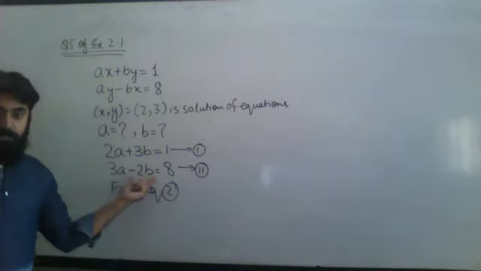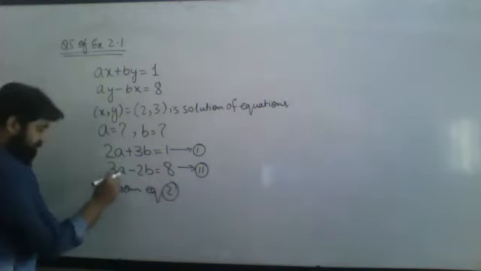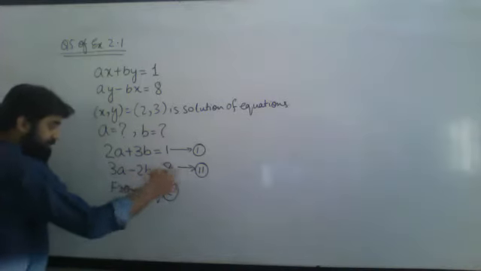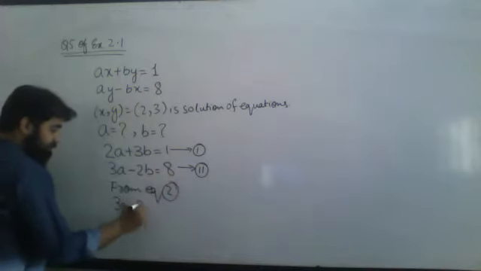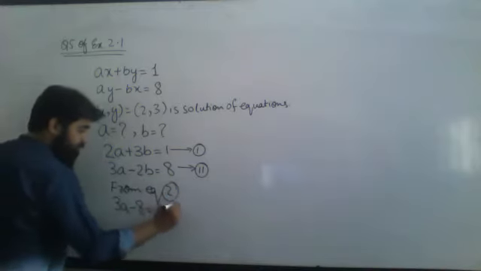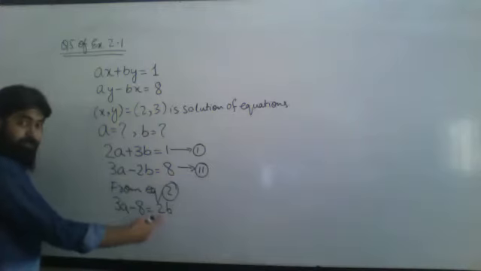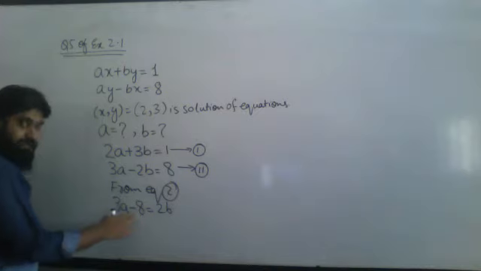has a smaller coefficient. So 3a will be written as it is. I am shifting minus 2b to the other side, and I am bringing 8 over here: 3a minus 8 equals 2b. The minus 2b shifted over here becomes plus 2b, and this 8 shifted over here becomes minus 8.